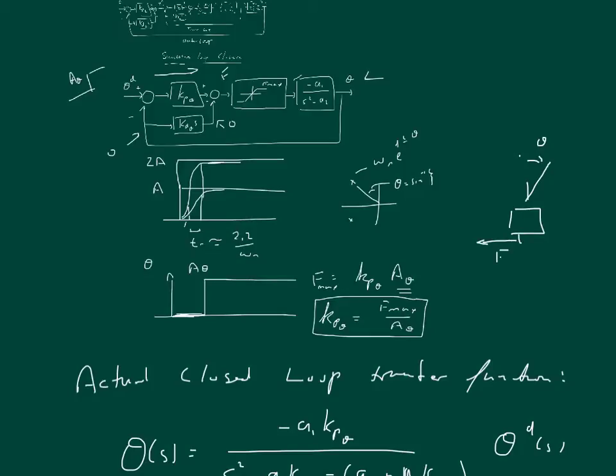We would have to exert a negative force. And so the gain here will be a negative Kp, because negative force will produce positive angles. So Kp theta will be negative in this particular case, and in part that's dictated by the negative gain here in the open loop transfer function.